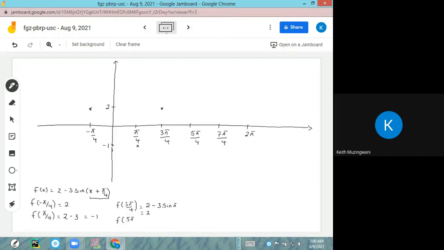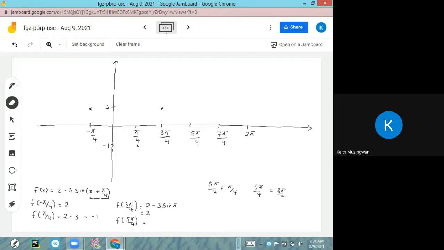And then 5 pi/4. So 5 pi/4 plus pi/4, let's see what we get. 5 pi over 4 plus pi over 4 gives 6 pi over 4, which is 3 pi over 2.